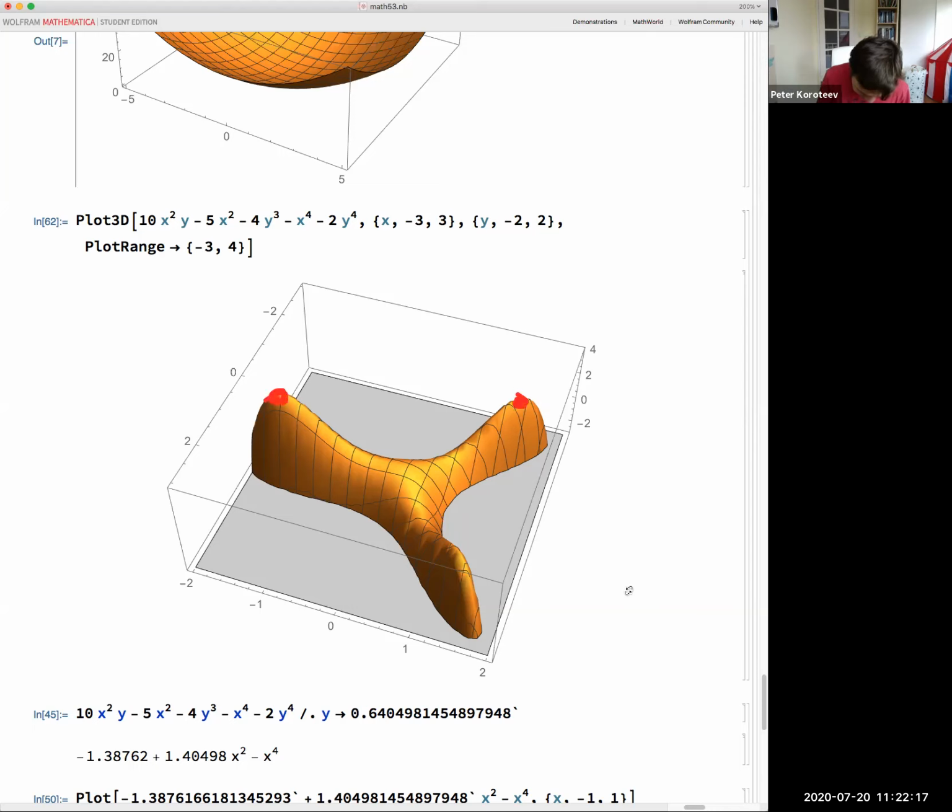So there are 3 local maxima and 2 saddle points. Saddles, and these are maxima. There we go. Yeah, now it looks much better.